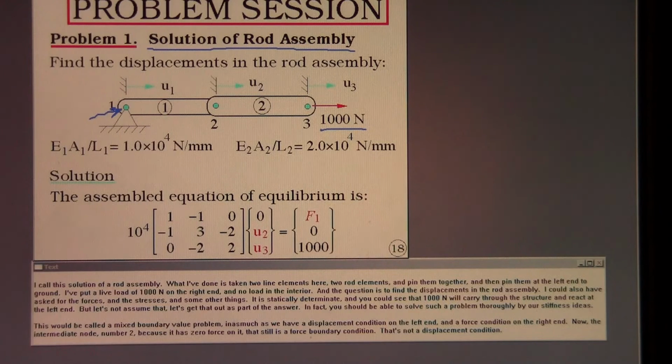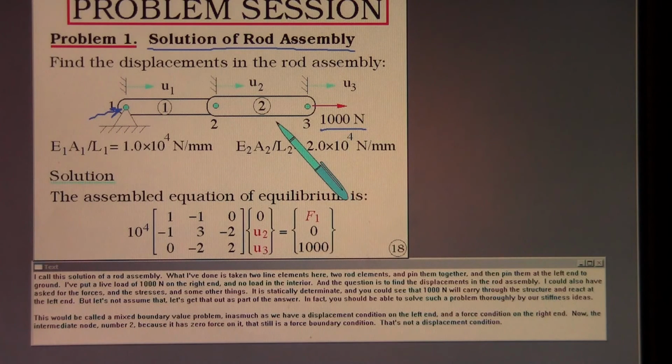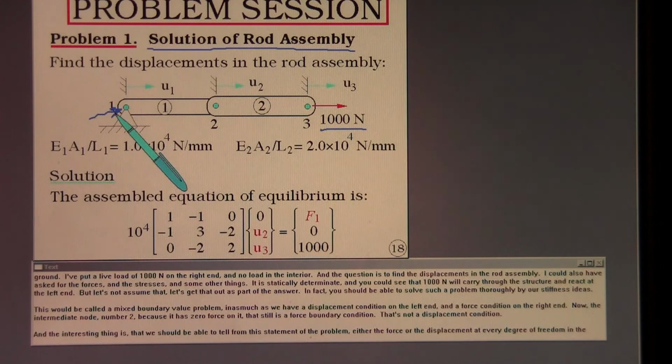I could also have asked for the forces and the stresses and some other things. It is statically determinate, and you could see that 1,000 newtons will carry through the structure and react at the left end. But let's not assume that. Let's get that out as a part of the answer. In fact, you should be able to solve such a problem thoroughly by our stiffness ideas.